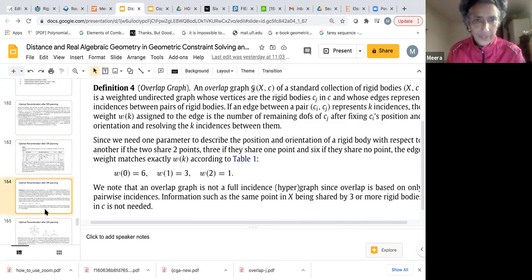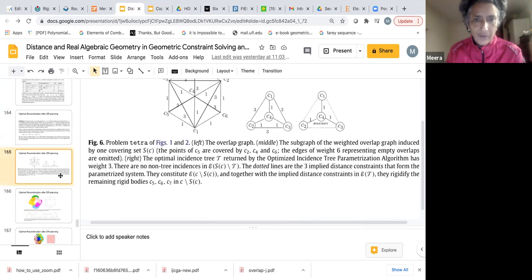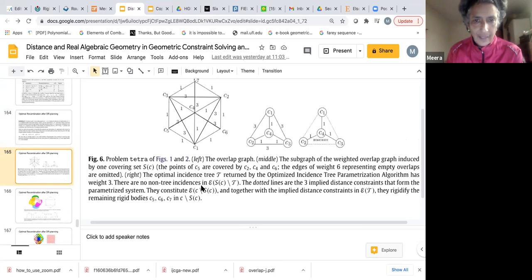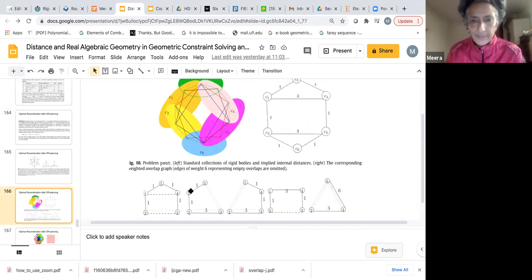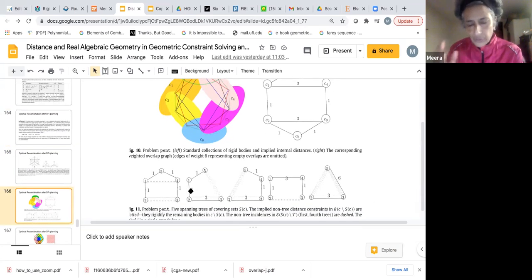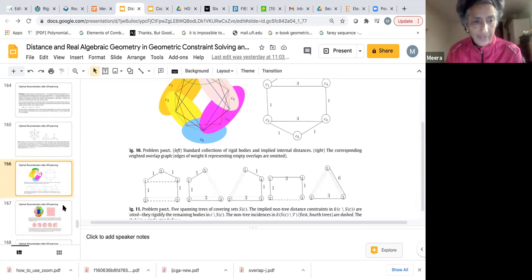And after creating the overlap graph, we found a covering set that gave a minimal spanning tree according to those weights, where the weights represent the number of variables in the final system that you would be solving.